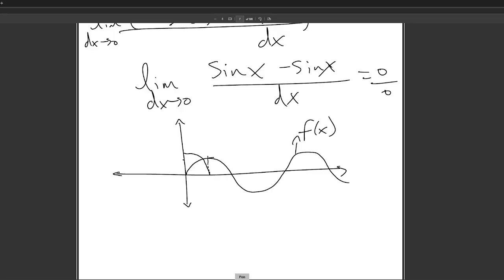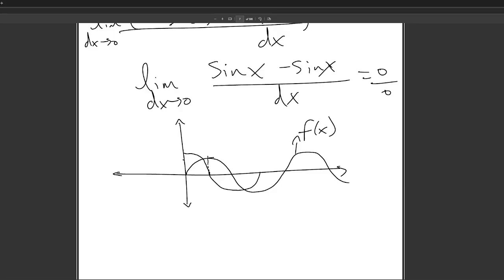It stays negative up to this point, and then it must go back to 0 at this point.